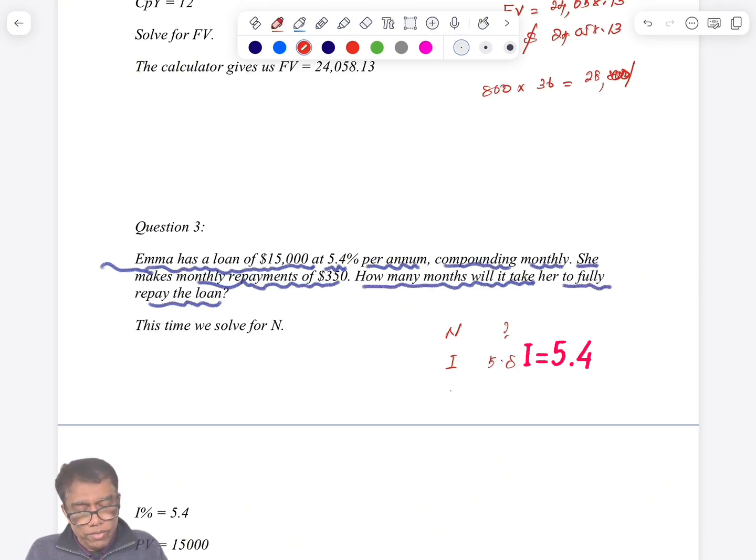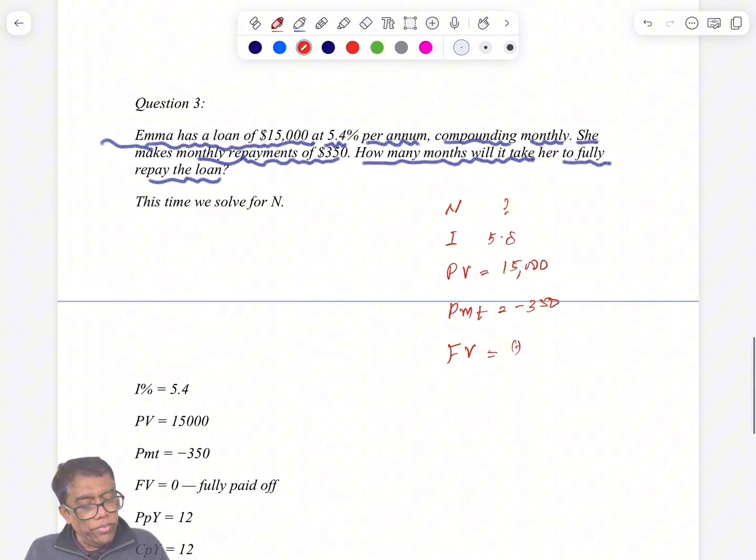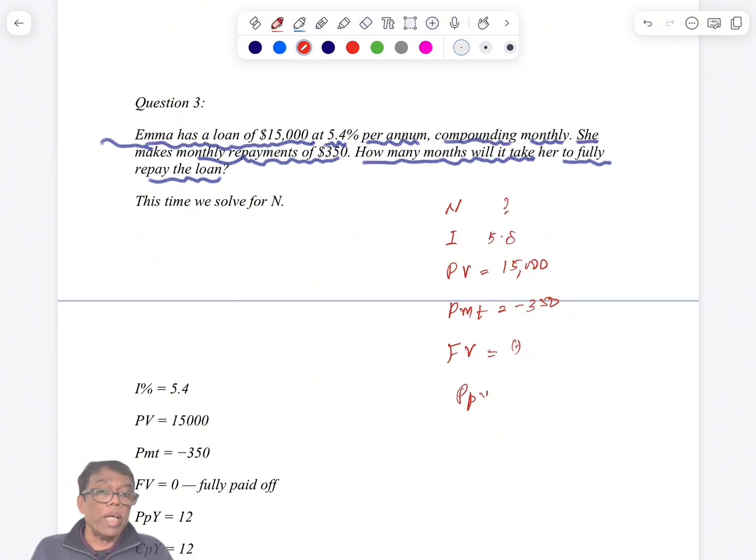PV is 15,000. PMT is negative 350 because you have to pay it. FV, you have to fully pay off the loan, that means it should be 0. PPY 12, CPY 12.